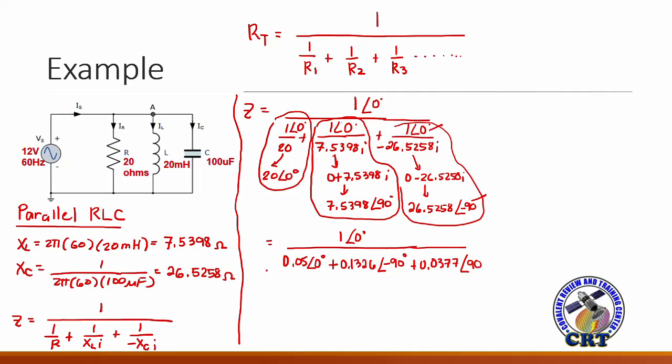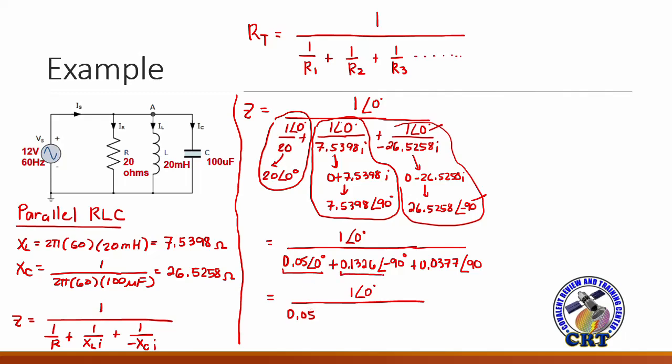As you observe in the denominator, the operation now is addition. So we have to convert the denominator to rectangular form. In the numerator, we still have 1 angle of 0 degrees. The first part of the denominator is a real part only, 0.05 plus 0 imaginary part.